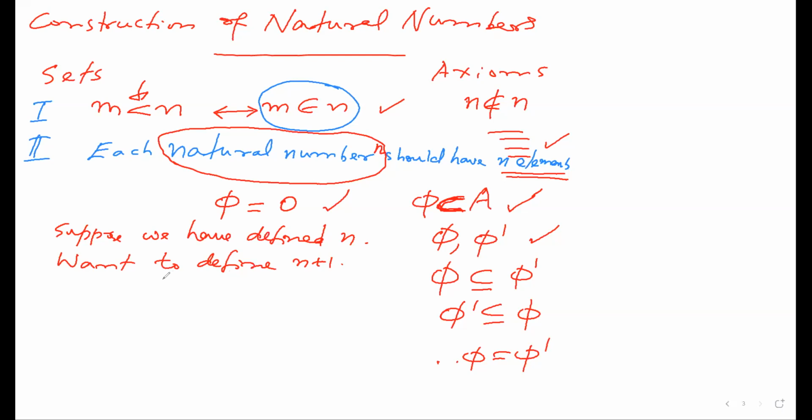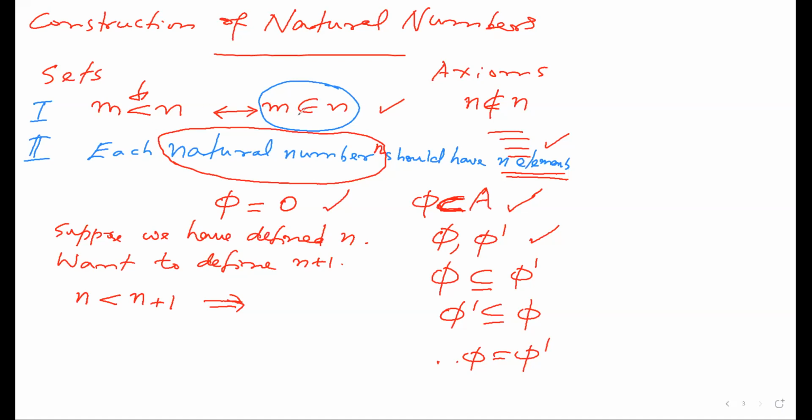So how do we do this? Well, pick up an n. Let's see how you define n plus 1 from it. We know that if n is a natural number, then this is true. Agreed? If n is a natural number, well, that would imply that according to this first principle, that will imply what?